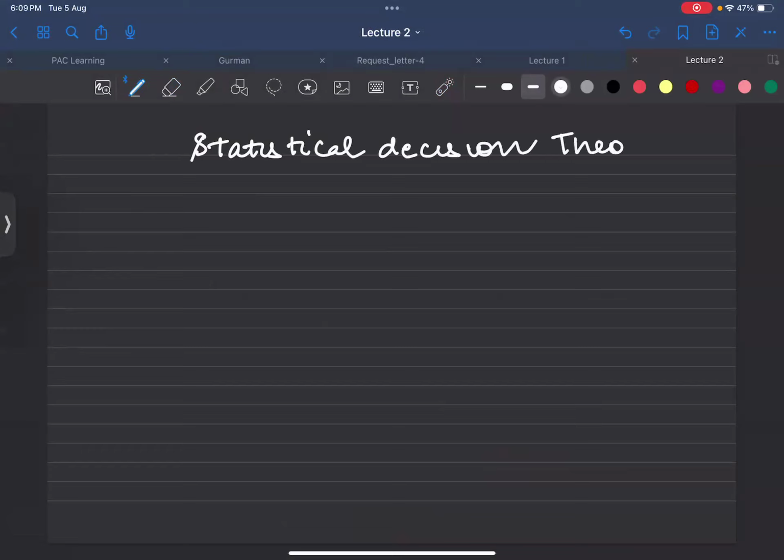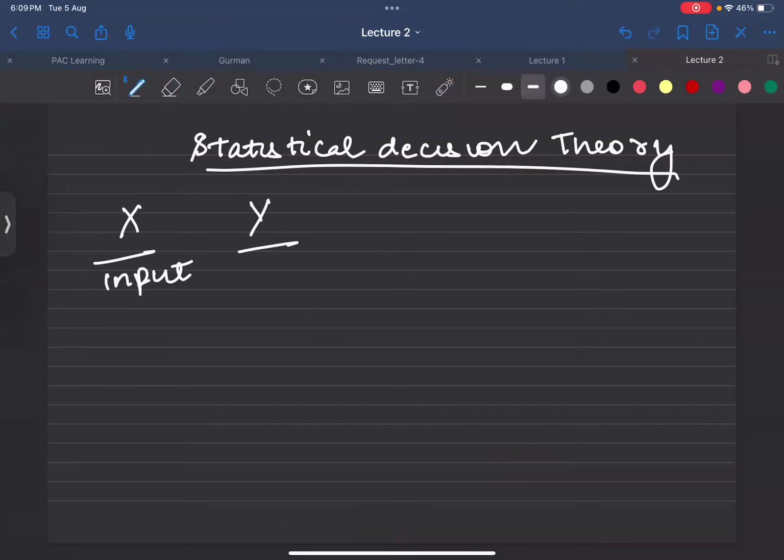As I told you, what is statistical decision theory? I'll first give a brief part and then the derivation part. I'll not go into too much detail, I'll make it easy. We learned that there is an X and there is a Y, this is the input and this is the output. In the training data, both are given to us. Okay, that's clear.